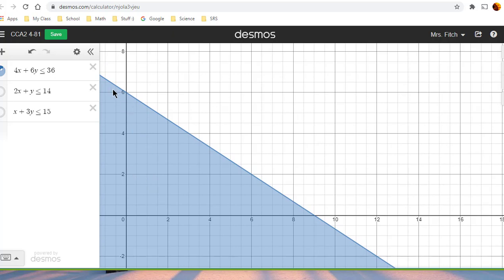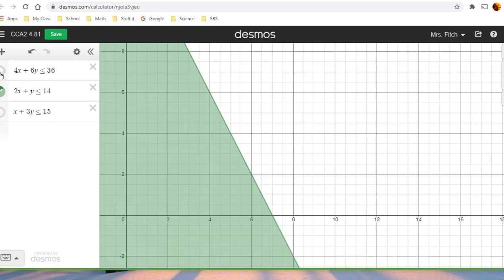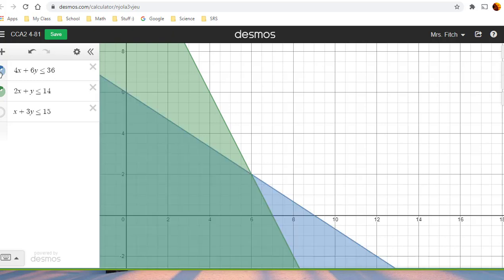So if we just think of the wheels, these were all the feasible solutions for the number of wheels. And then when we add this next graph on there, this was the number of seats. If we only looked at the seats all by itself, we'd have a different feasible area than if we put both of those together. So we're looking for the area where they're both shaded.